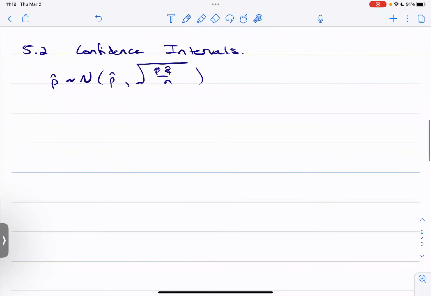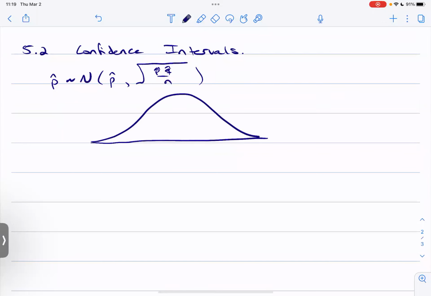Translating this, I can draw it. One of my sloppier normal distributions, oh well. So it follows a normal distribution and it's centered on p hat.